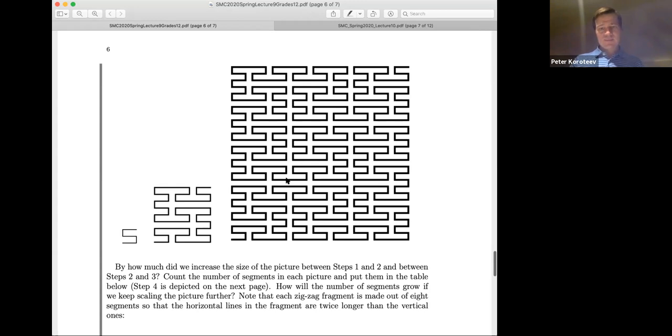Again, you can count in the same way. You can see that you can count how many times the shape from step 2 fits inside the picture, right? And then you need to count how many more segments we need to add.